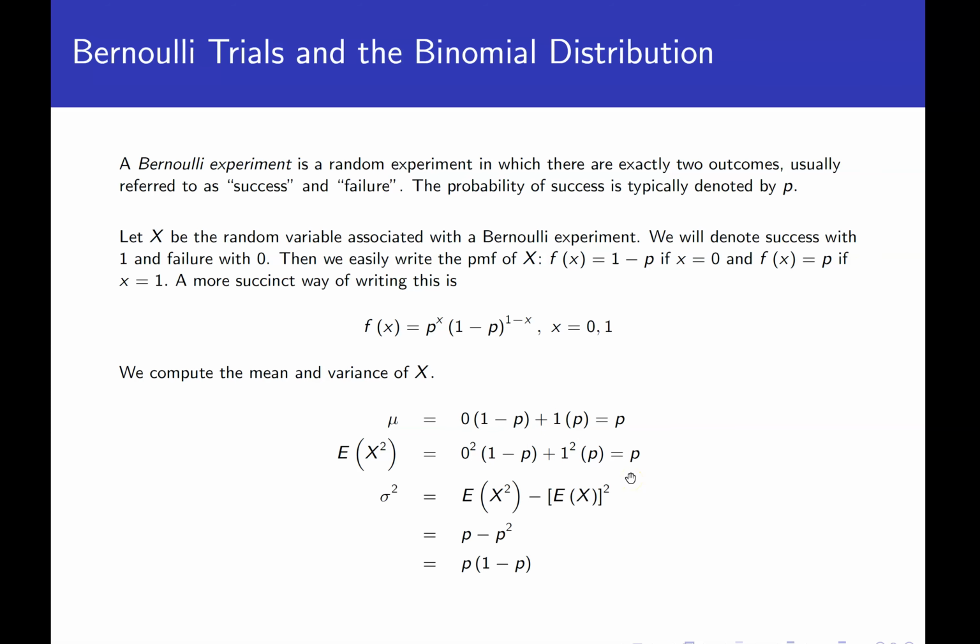And now if we want the variance, I would get p for the expected value of x squared, minus p for the expected value of x, squared. So we get p minus p squared, and we can factor out a p to get p times (1 minus p). So this gives us the mean and variance for a Bernoulli experiment.